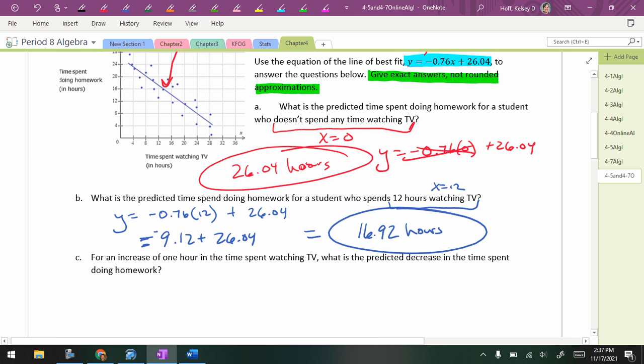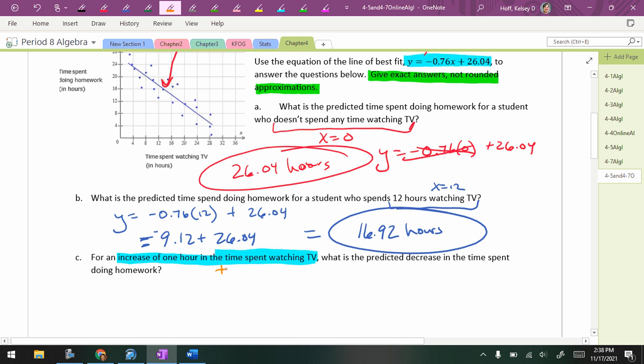So the last question says, for an increase of 1 hour in the time spent watching TV, what is the predicted decrease in the time spent doing homework? Time spent watching TV is what? X or Y?